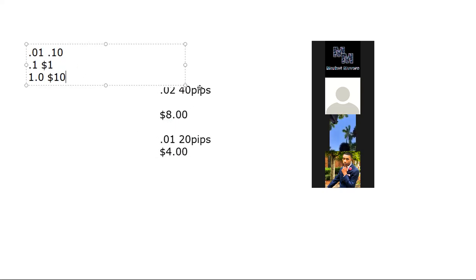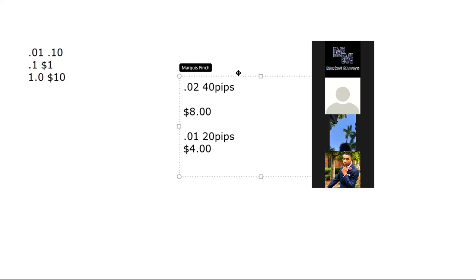You can only close partials if it's above 0.01, because you can't close half of 0.01. 0.01 is the lowest that you can go. So that's why I use 0.02. If I'm at 0.02 and up 40 pips, that's $8 in profit. But let's say something is going down in the markets. I just want to be safe and secure some money, so I close half of my position.